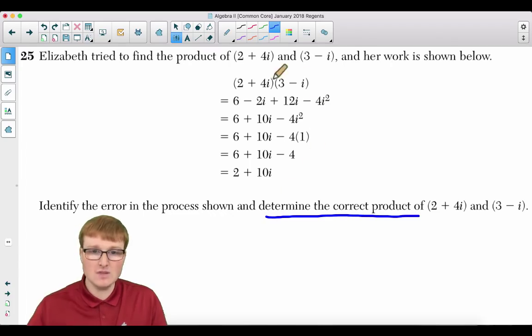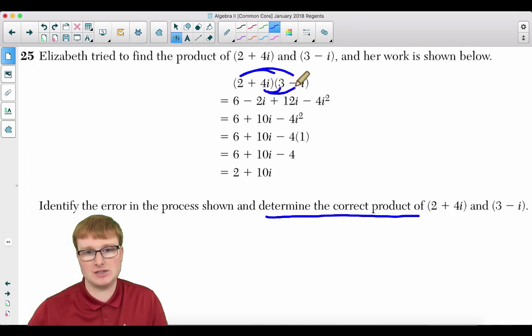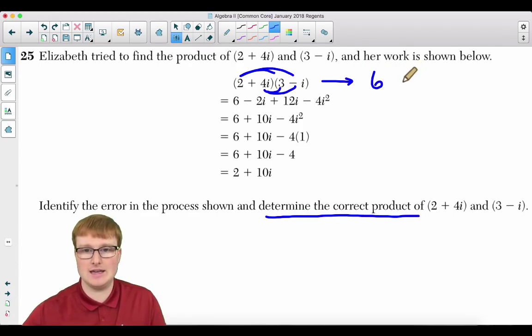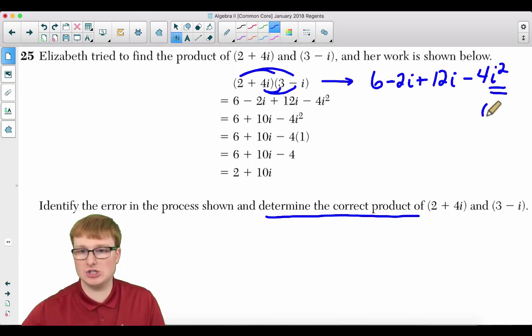So let's go through this slowly. What I actually did myself is I said, all right, let me distribute this myself, and let's see where she went wrong. So 2 times 3 is 6. 2 times negative i is negative 2i. 4i times 3 is positive 12i, and 4i times a negative i is negative 4i squared. Now, i squared we know is just negative 1.